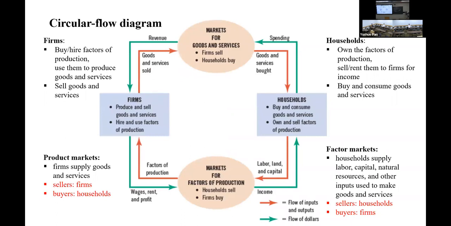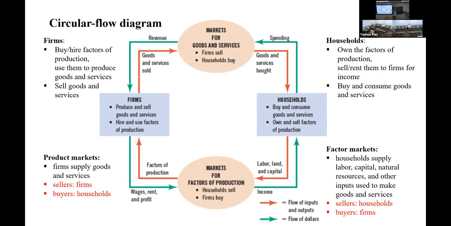Let's see the model here. Again, there are two parts in this model, and our assumption is that there are firms and households. Firms are going to hire factors of production and use them to produce goods and services. What factors are the firms going to hire or rent? Labor, capital, and natural resources.